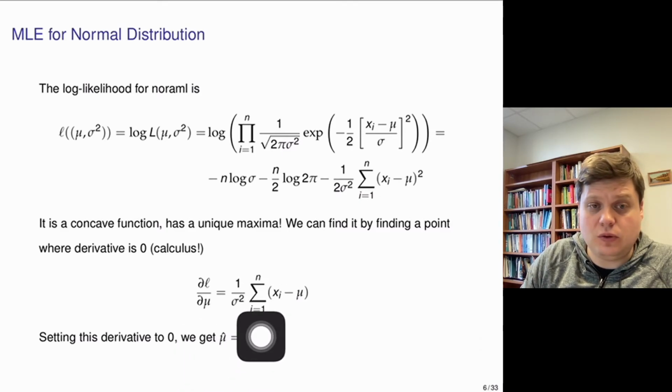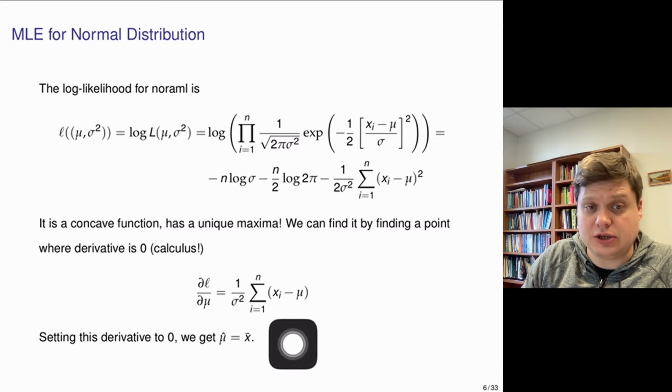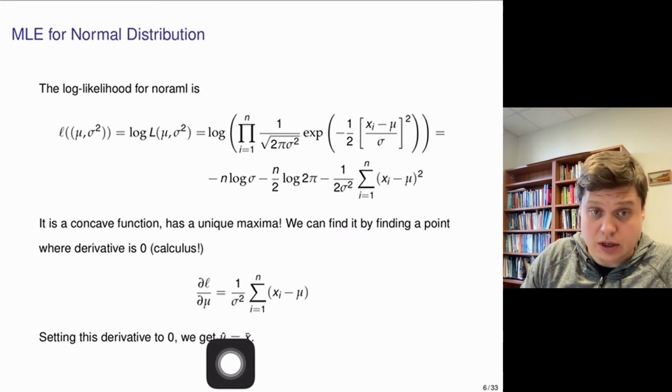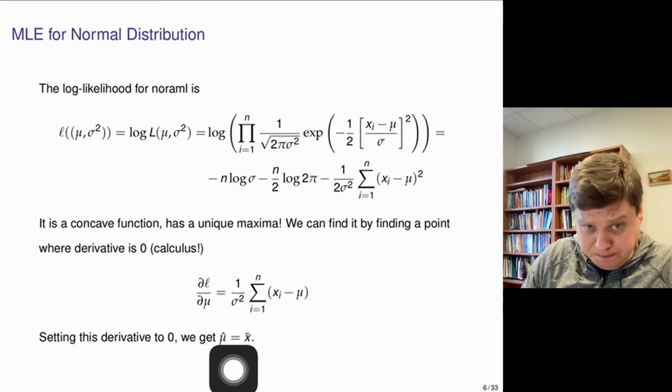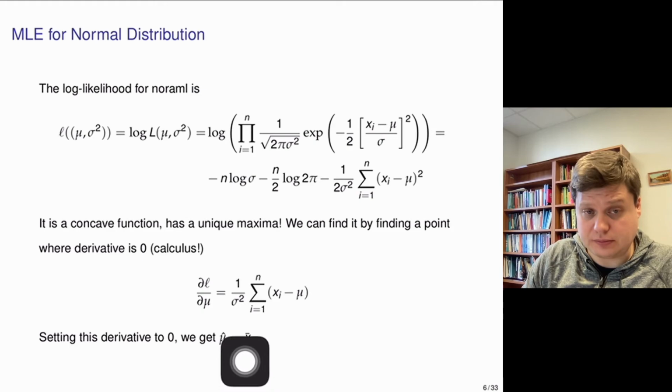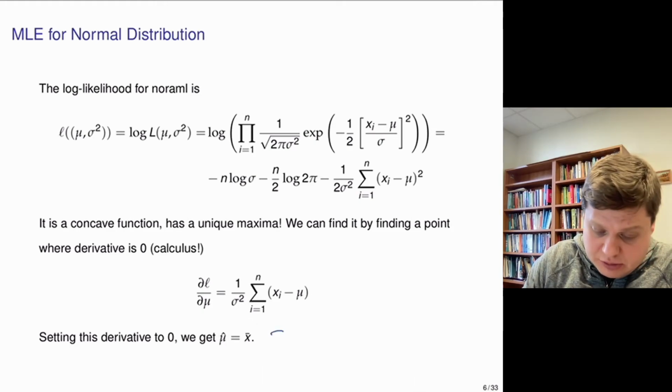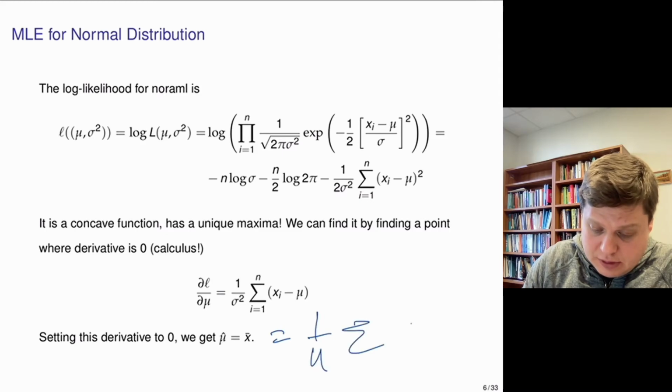And if you set this to 0 and calculate the value of mu that leads to this being 0, you will find out that mu hat, the optimal value, is just x bar, which is nothing but the average across all the observations.